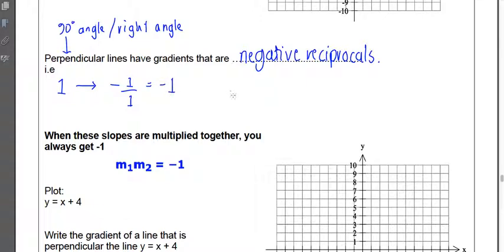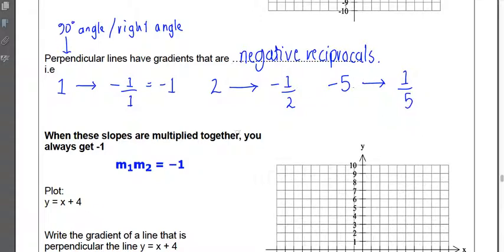So probably not the best example, but just say I had the number 2. The negative reciprocal of 2 would be negative 1 over 2, like so. Let's say negative 5 for a different one. The negative reciprocal of negative 5, well, if we change the sign of 5, it's going to become positive 1 over 5.